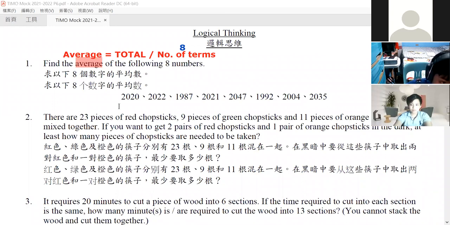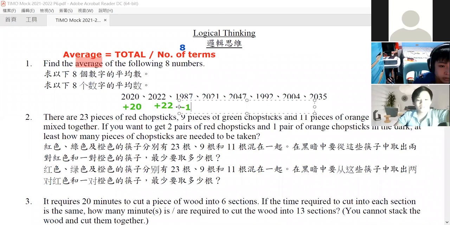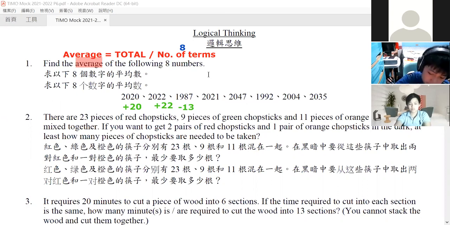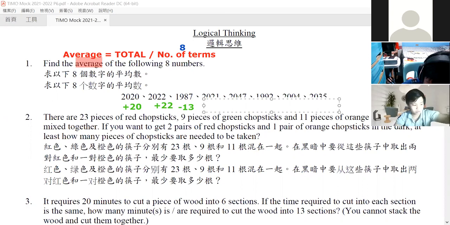So for example, the first number is 2,000 plus 20. Our second number will be 2,000 plus 22. Our third number is 2,000 minus 13. Notice that 1987 is 2,000 minus 13. Our fourth number is 2,000 plus 21.